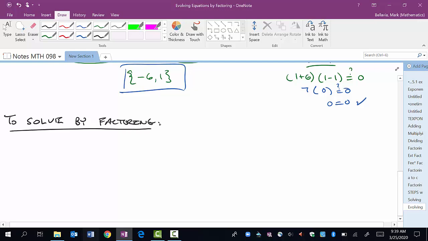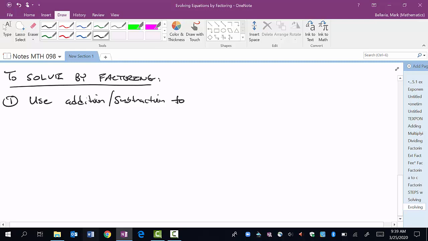First thing you want to do is use addition or subtraction to get the equation in standard form.